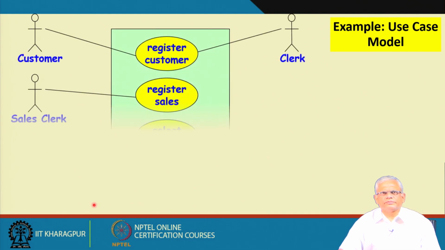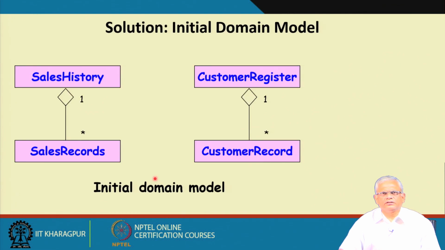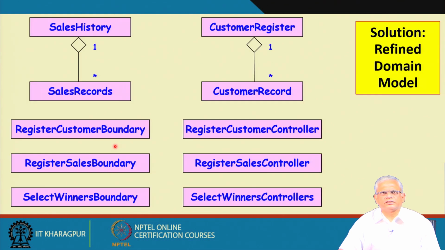We had used the creator pattern while we tried to solve the problem for the supermarket price scheme. Remember that we had several sales record objects created and several customer record objects created, and in each case we had used the corresponding aggregator for creating the object. That was based on our intuition, but this pattern formalizes that.